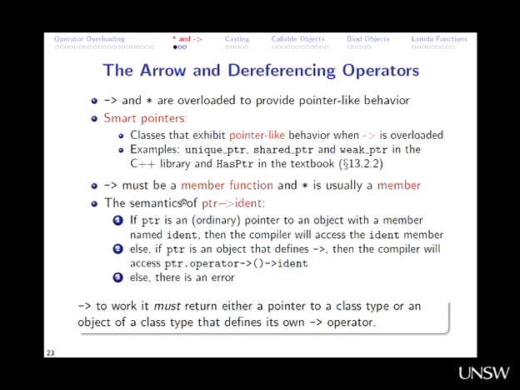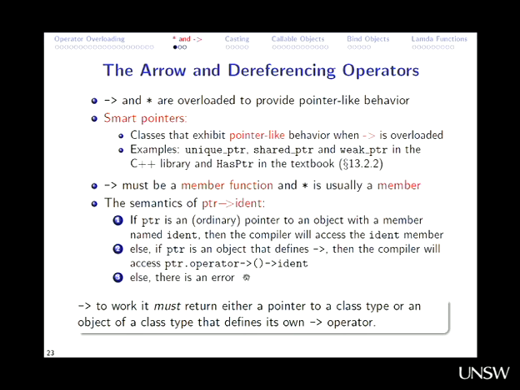And it works like this. If the thing being pointed to is an ordinary pointer to an object, then the compiler will access that member pointer. If the pointer itself is an object that defines the pointer to a thing, then the compiler will call that operator overload. Else there's an error.